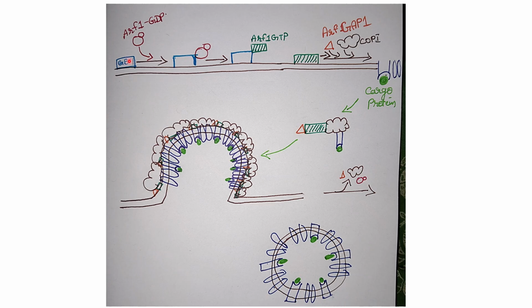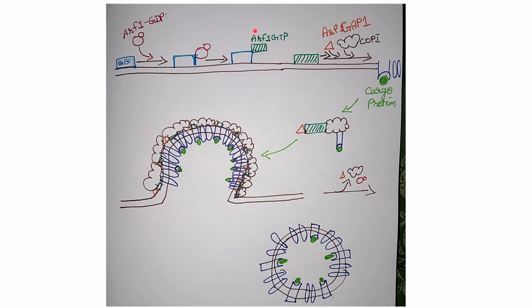GBF1 is a guanine nucleotide exchange factor, and it catalyzes the activation of ARF1. How? It will promote the exchange of GDP for GTP on ARF1.